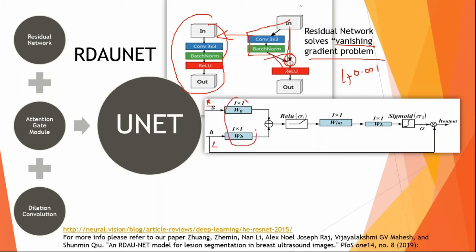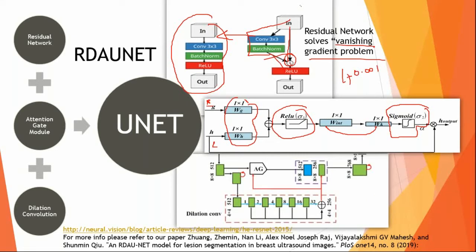We pass it through a couple of filters, then again we do rectification, then some more filtering operations are carried out here, and finally we apply a sigmoid transition function to select the best features, focus on the foreground and remove the background. Likewise, we are able to get a better concatenation of features from the encoder to the decoder.